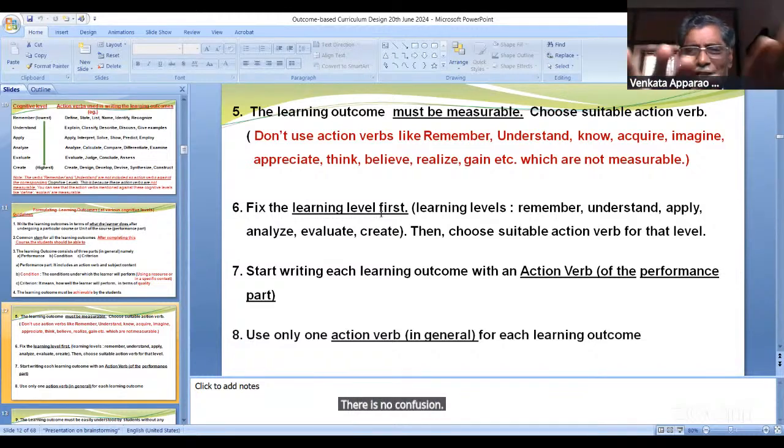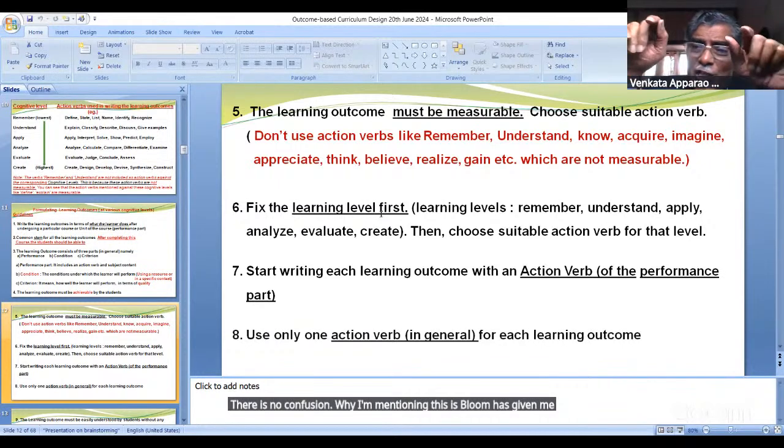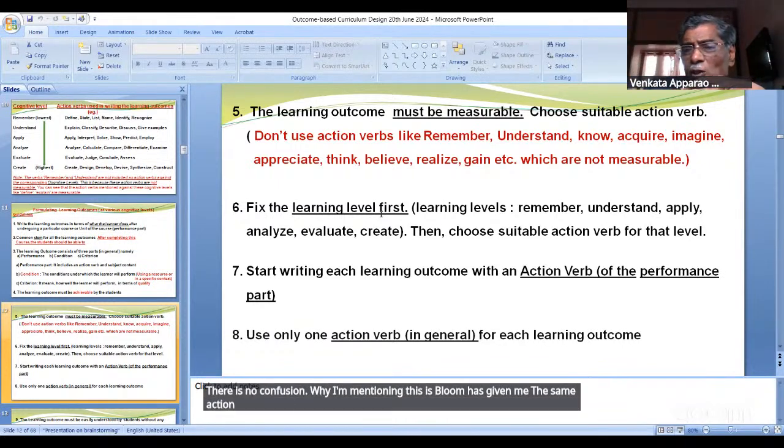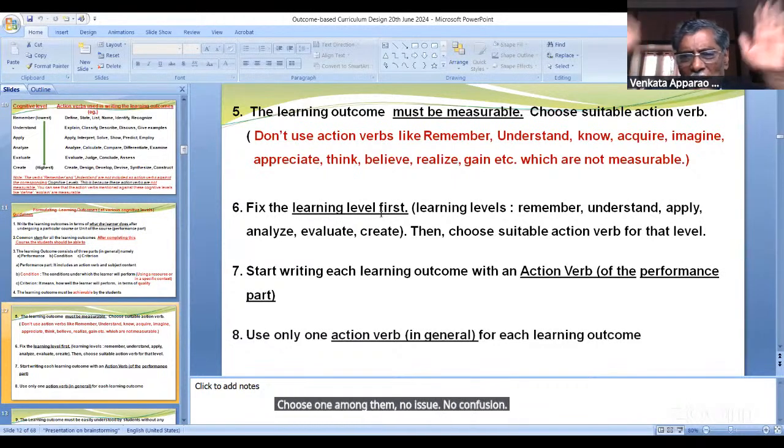Why I am mentioning this is Bloom has given the same action verb under more than one cognitive level. So you fix the cognitive level, look at the action verbs list, choose one among them, no issue. No confusion. For that reason, I have put this guideline.